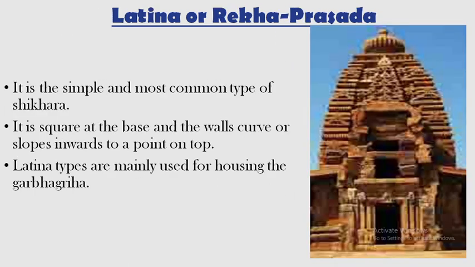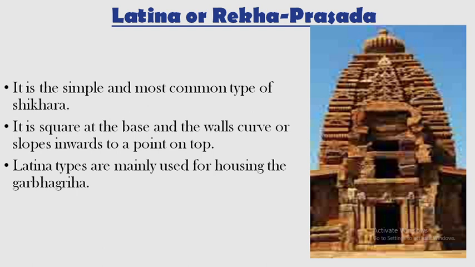One is the Latina or the Reka Prasada. This is very simple and is the most common type of shikara in the Nagara style of architecture. So how is it? It has a square at the base, and the walls are curved, or it's curving inwards to a point on the top. These Latina types are mainly used for housing the Garbhagriha.